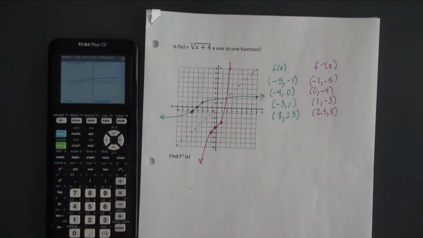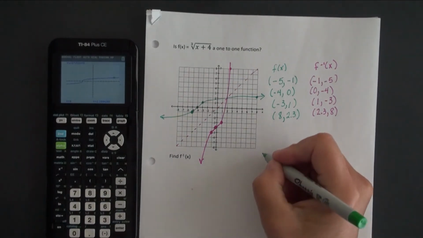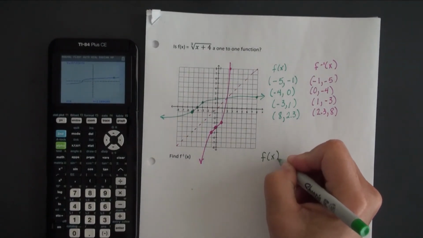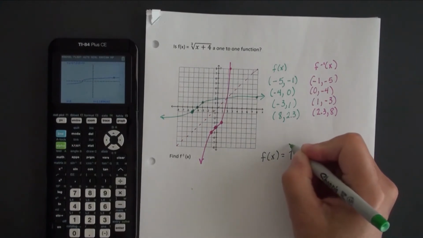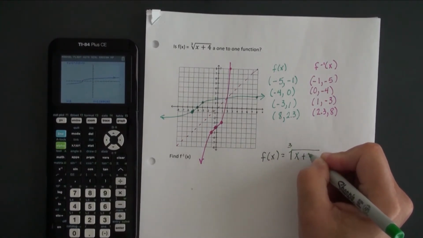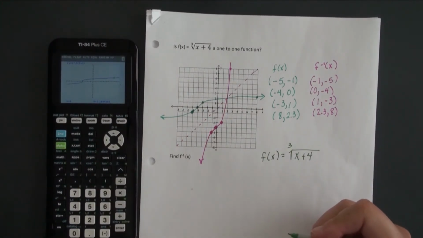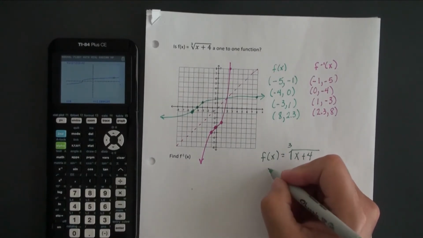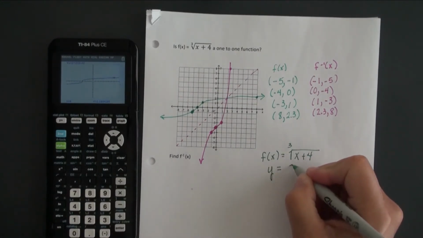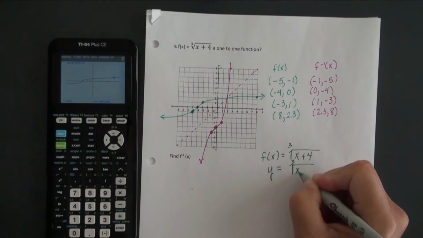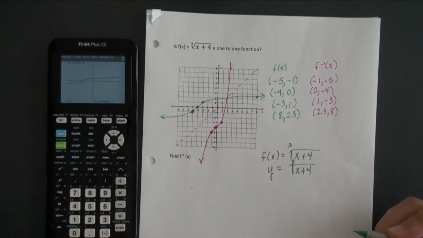Now let's find the actual function for the inverse. So I will begin with my f of x function. I will replace f of x with y. And these are the same steps we've been doing.